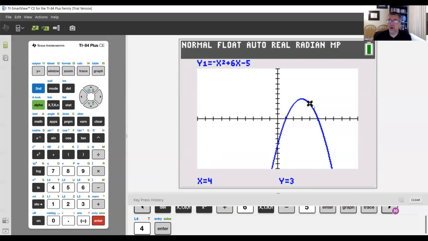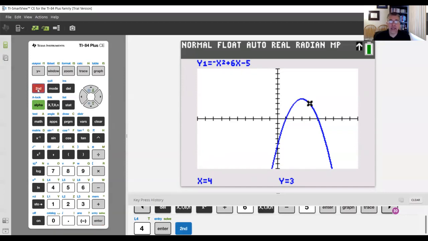Well, instead of trace, we're going to use second trace. So the second key will give me all of the functions in blue on the calculator. So the blue key gives me all the functions that are above the buttons on the calculator. So I hit the second key, and now, in the trace key, it's going to do calc.